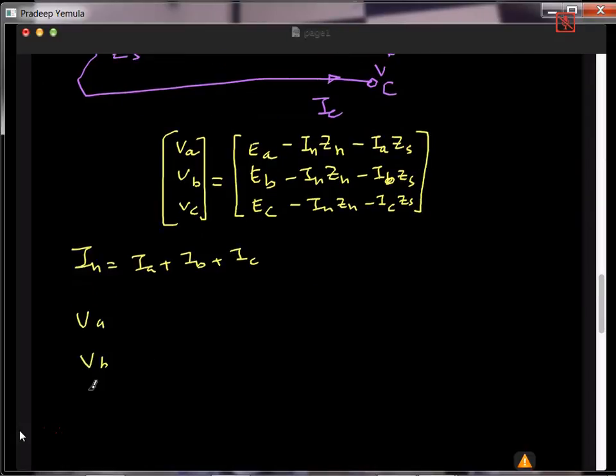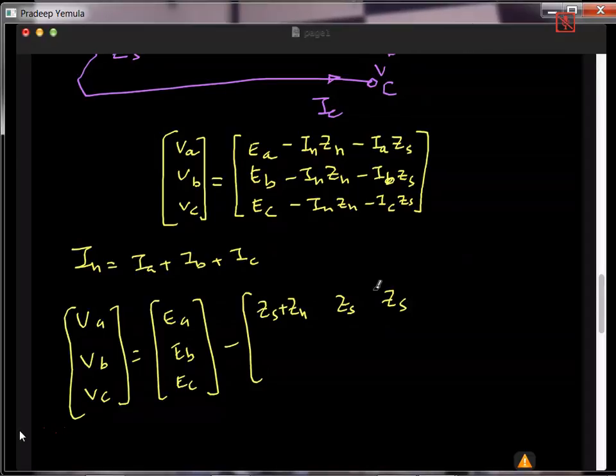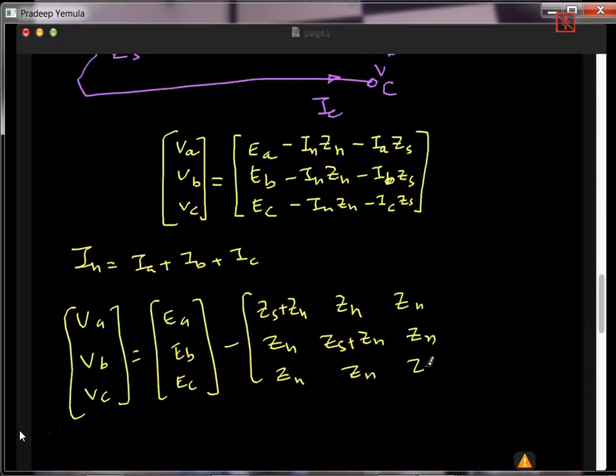VA, VB, VC is equal to EA, EB, EC minus the matrix: Zs plus Zn, Zn, Zn; similarly Zn, Zs plus Zn, Zn; and Zn, Zn, Zs plus Zn; into IA, IB, IC.